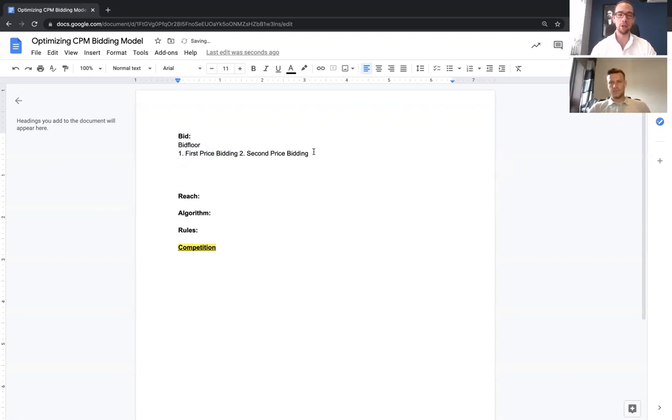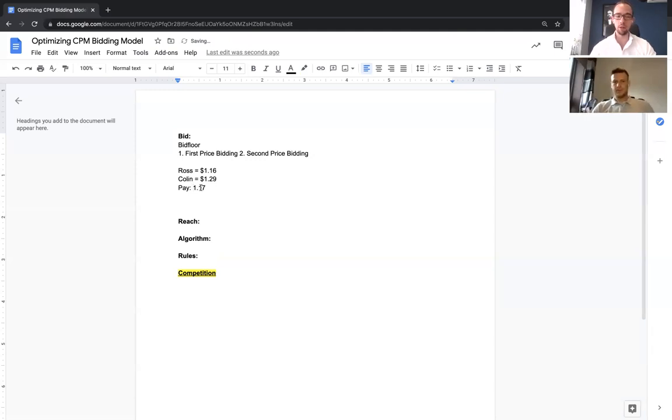So how that works, a bid of $1 is a bid of $1, that's what you pay. And on second price bidding, how that works is, Ross, how much are you going to bid? I am going to bid $1.16. Colin bids $1.29, but I'm only going to pay $1.17, right?